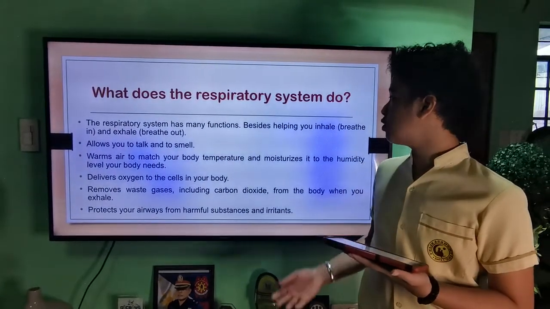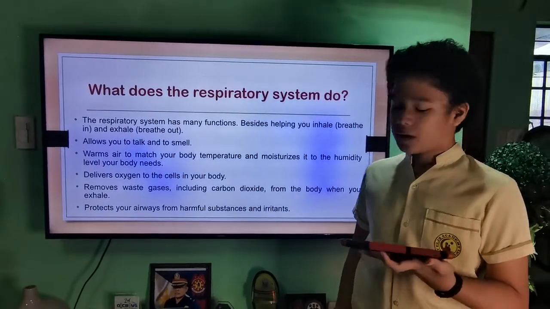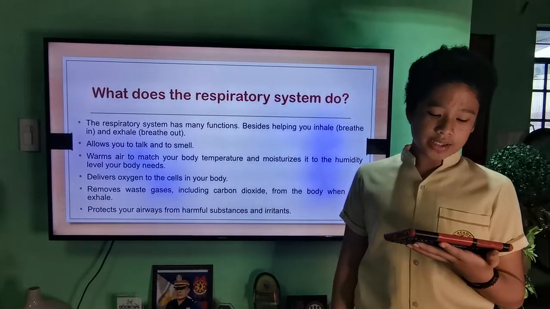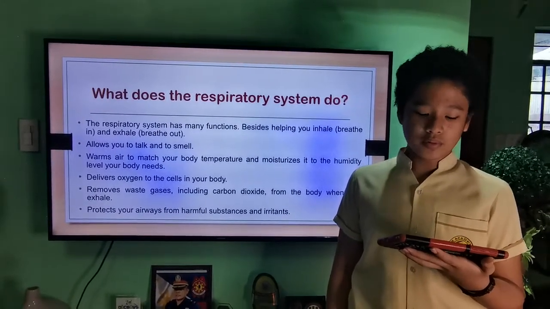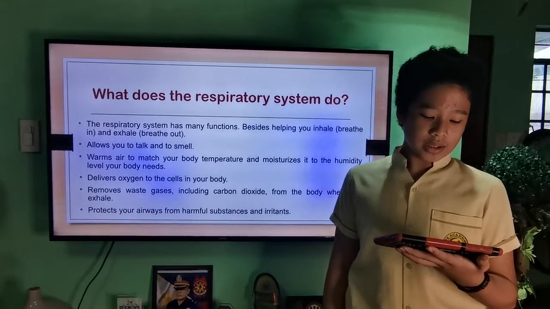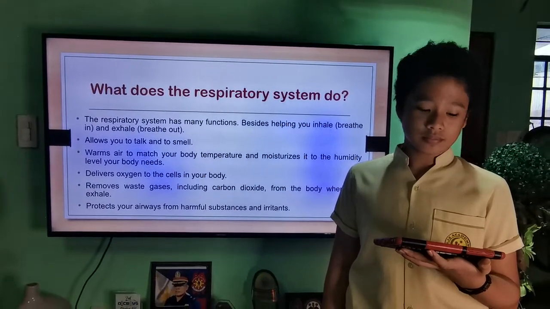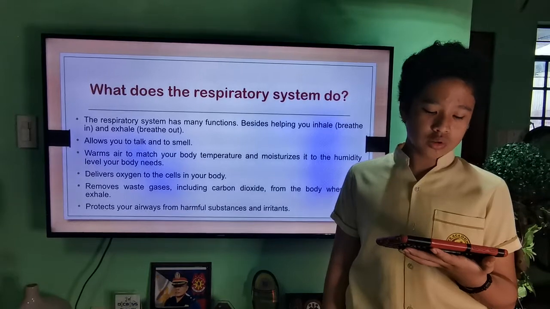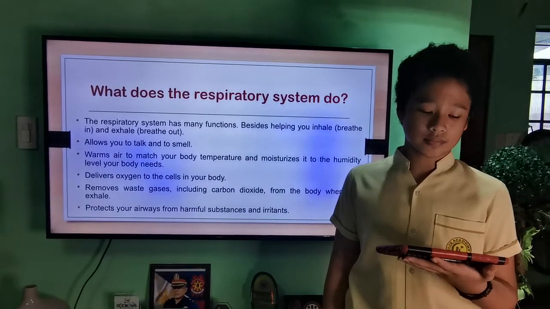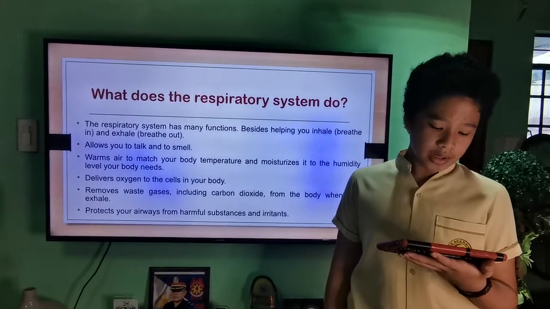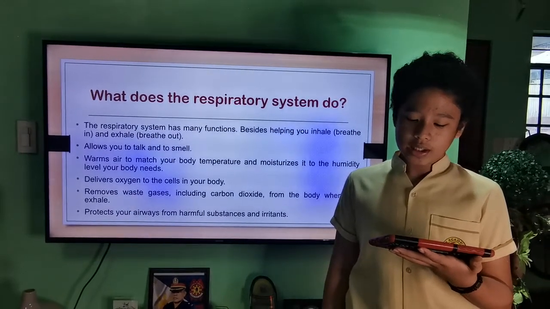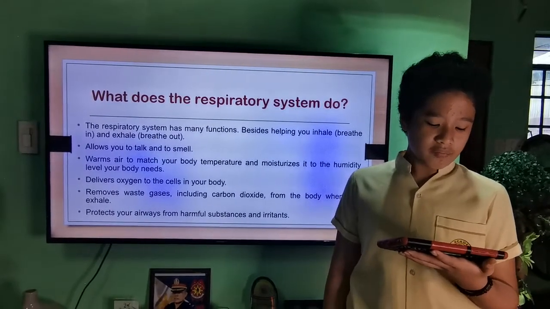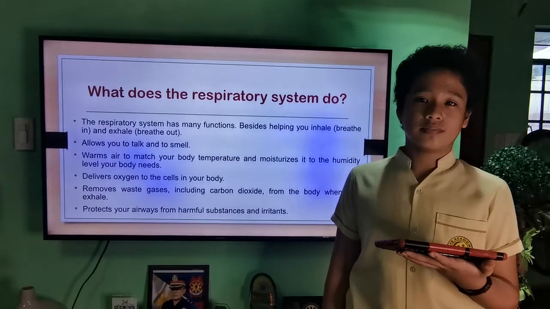What does the respiratory system do? The respiratory system has many functions. Besides helping you inhale, breathe in, and exhale, it allows you to talk and to smell. It warms air to match your body temperature and moisturizes it to the humidity level your body needs.